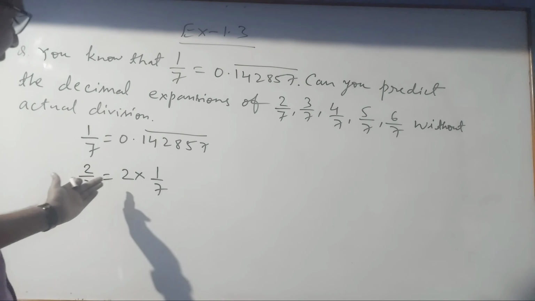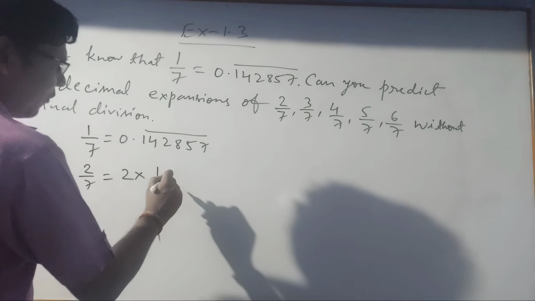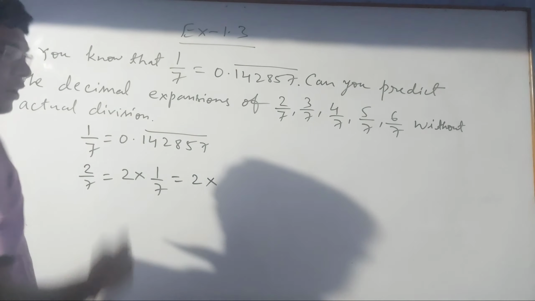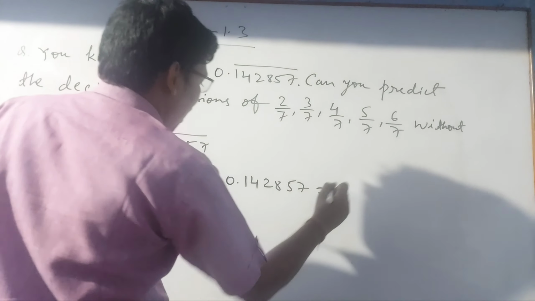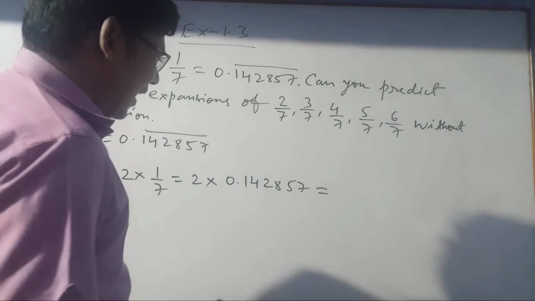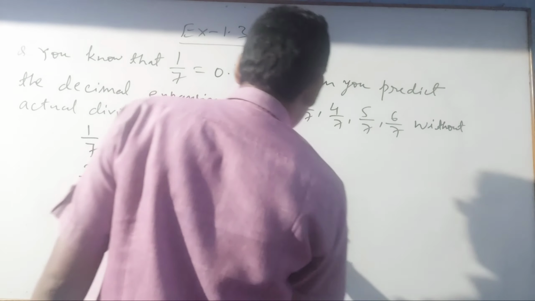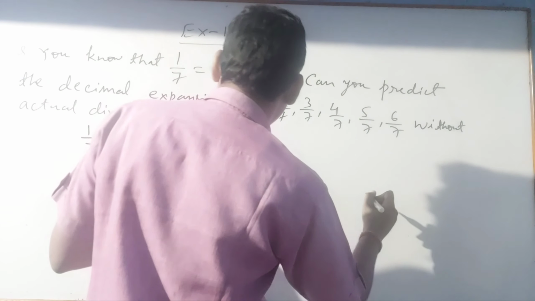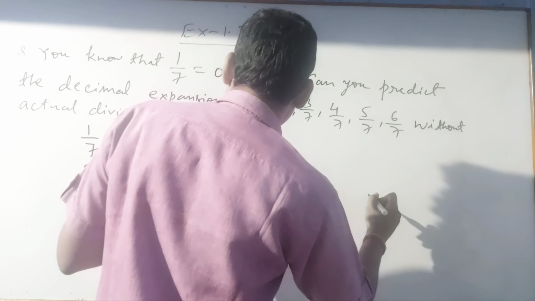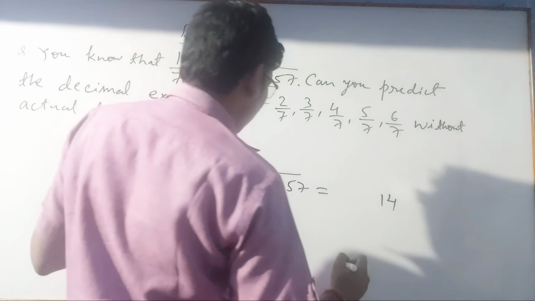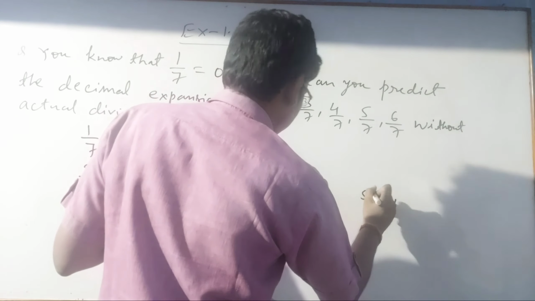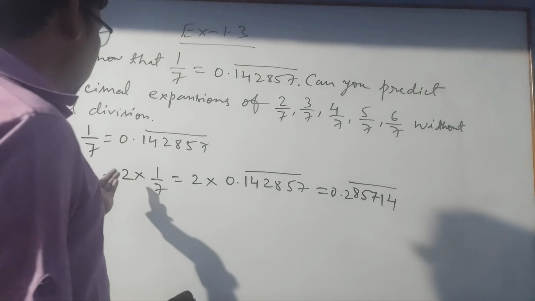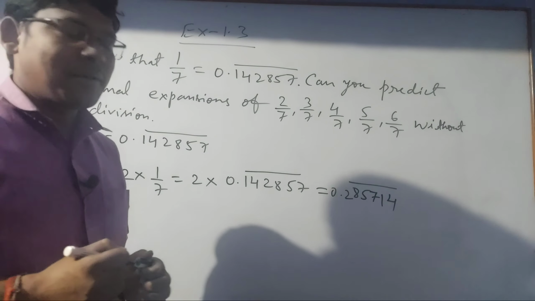We can write 2/7 as 2 into 1/7. The value of 1/7 we already have, 0.142857, and now we multiply it by 2. 2 7s are 14, 2 5s are 10 plus 1 is 11, 2 8s are 16 plus 1 is 17, 2 2s are 4 plus 1 is 5, 2 4s are 8, 2 1s are 2. So the value of 2/7 is 0.285714.